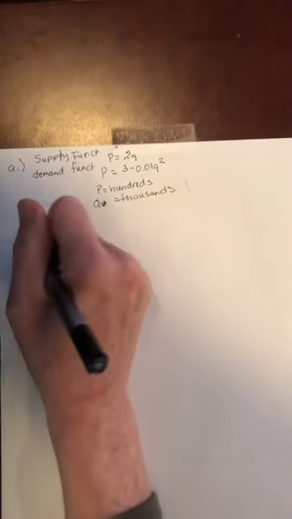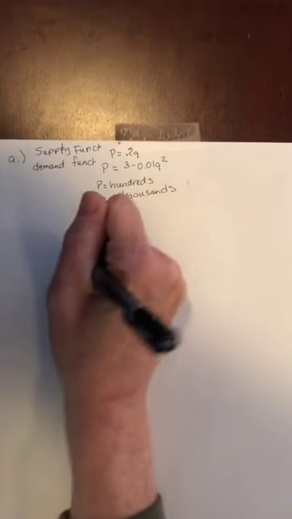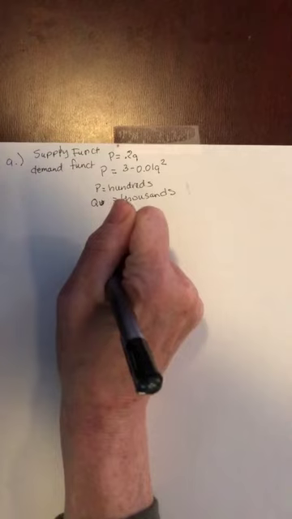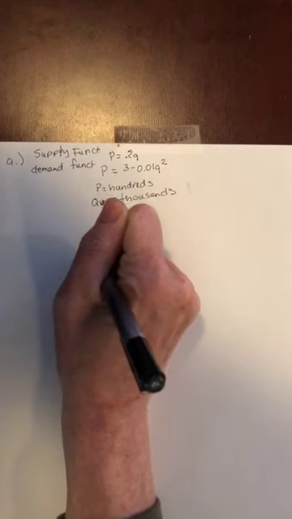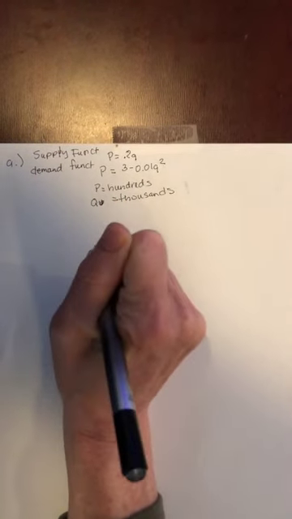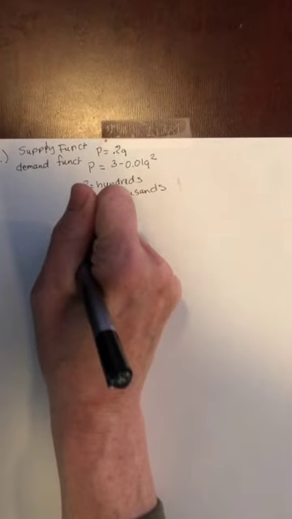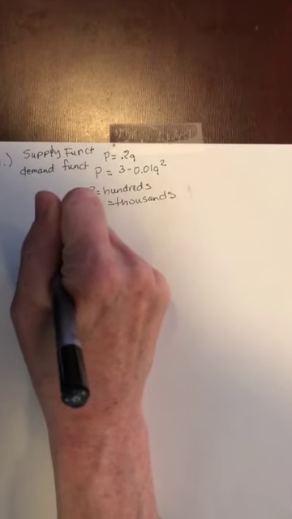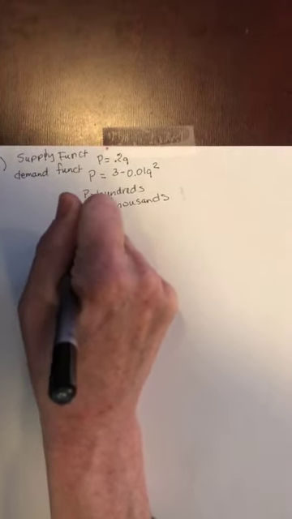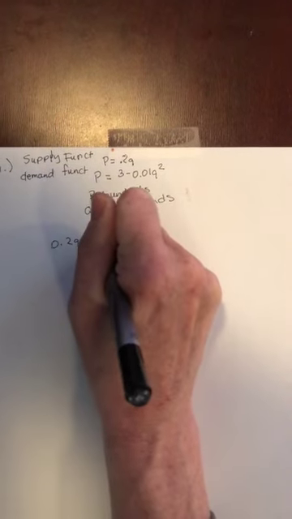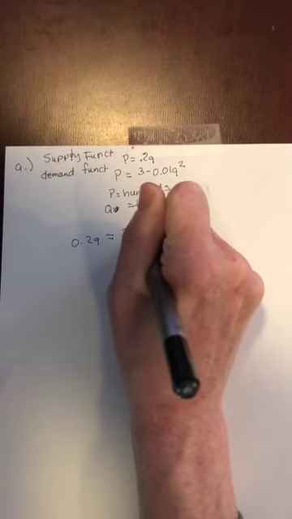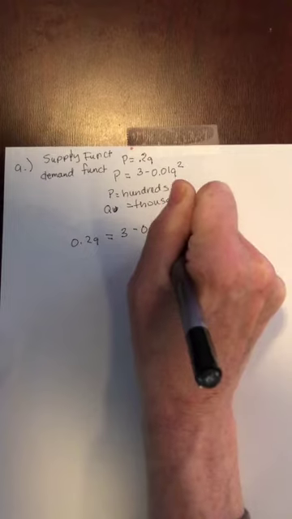So we first start with setting the supply equal to the demand, and that's when the equilibrium occurs. So 0.02 Q is equal to 3 minus 0.01 Q squared.